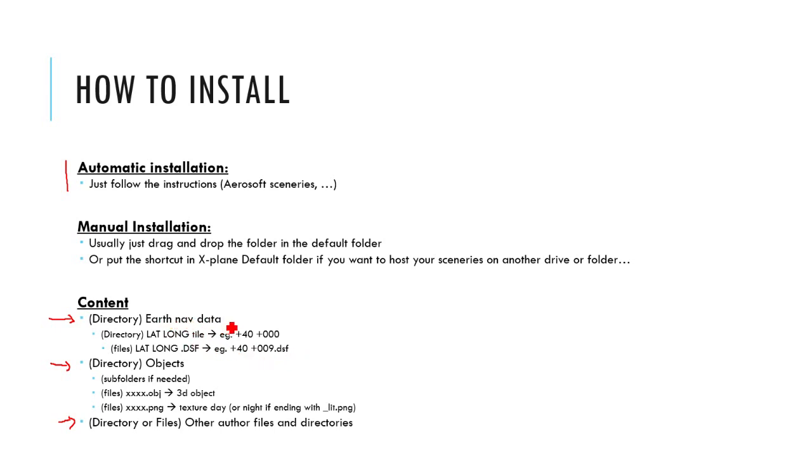In the Earth nav data you will also find the airport. Usually you will have the APT file, which is the airport. If it's an airport scenery, you will find the APT file also if it's a custom layout for the runways, taxiways, parking, etc. I haven't mentioned it here, but you will also find this kind of file there.